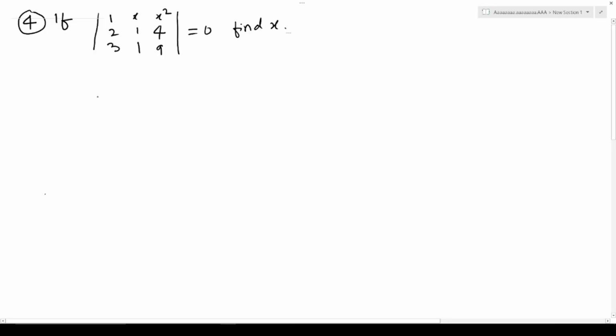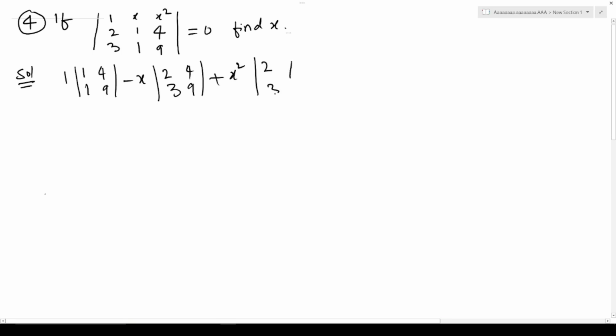Example 4. If determinant 1, x, x square, 2, 1, 4, 3, 1, 9 equals 0, find x. Solution. Expanding: 1 multiplied by minor 1, 4, 1, 9, minus x multiplied by minor 2, 4, 3, 9, plus x square multiplied by minor 2, 1, 3, 1, equals 0. It is already given in the question, and we need to find the value of x.